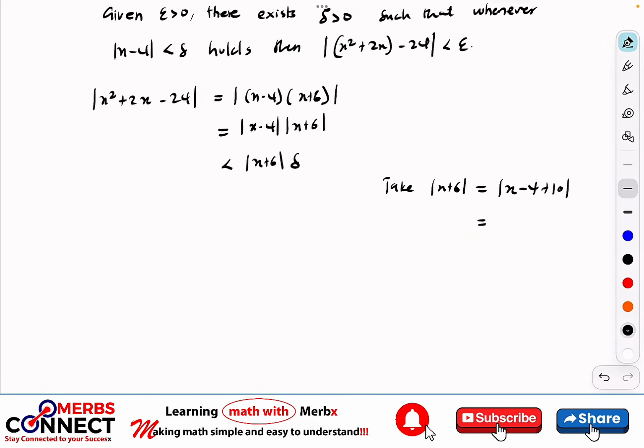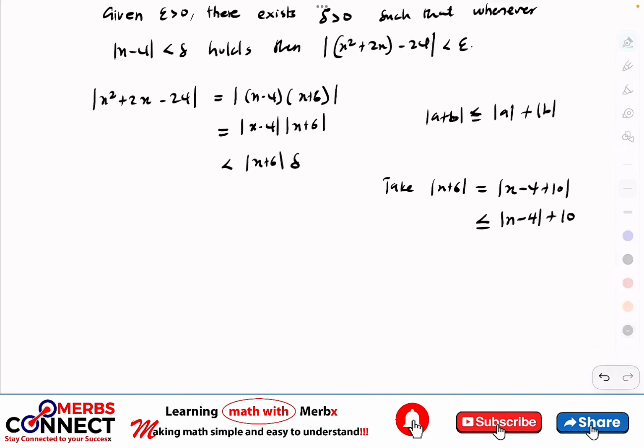So it means that this is going to be using triangle inequality as we learned. Absolute of a plus b is less than or equal to absolute of a plus absolute of b. So this is a triangle inequality. So this is less than or equal to absolute of x minus 4 plus 10, which is positive. So we are just going to have it plus 10.